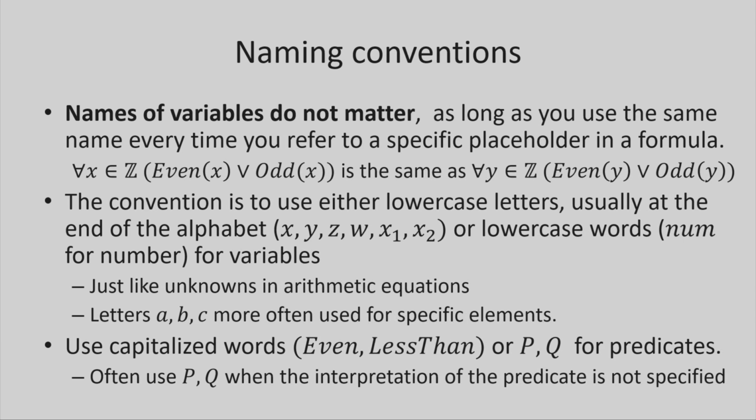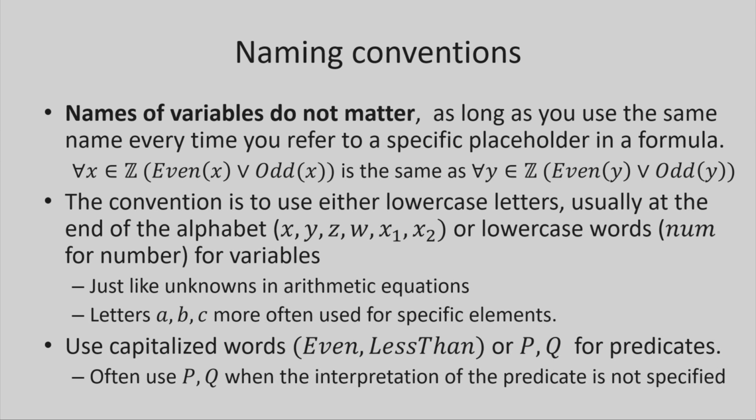So here is a convention. Just like in arithmetic equations, when you have a variable, an unknown, something that's quantified, you often call it x or y. You could call it x1 or x2, some kind of lowercase letter at the end of the alphabet. You could also use lowercase words like num for number if you want to give a more descriptive name for your variable.